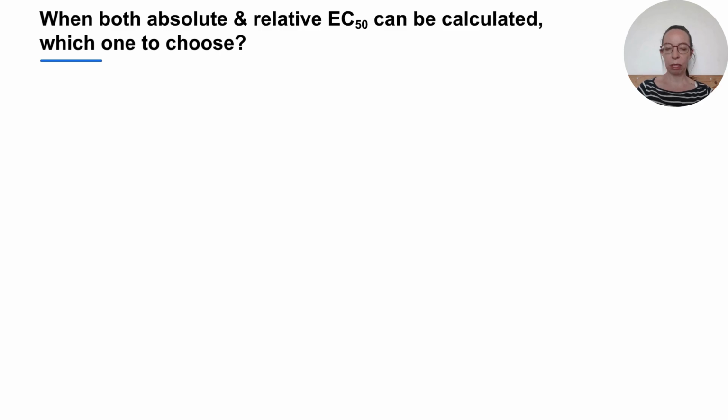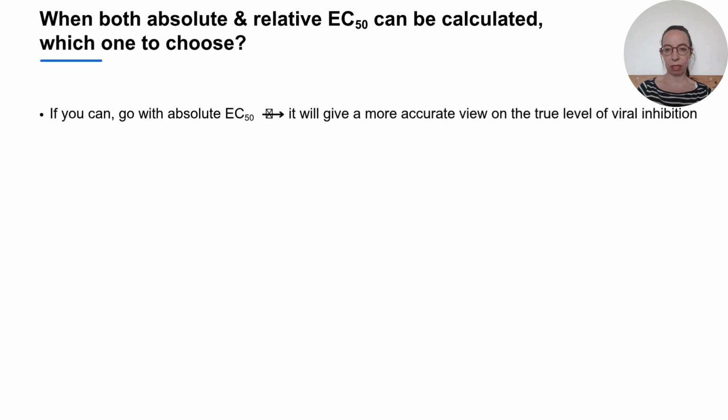However, in my opinion, this has a real impact biologically, as you have seen. So if you can, go with the absolute EC50. It will give you a more accurate view on the true level of viral replication. It is important if an inhibitor doesn't reach the CC levels.